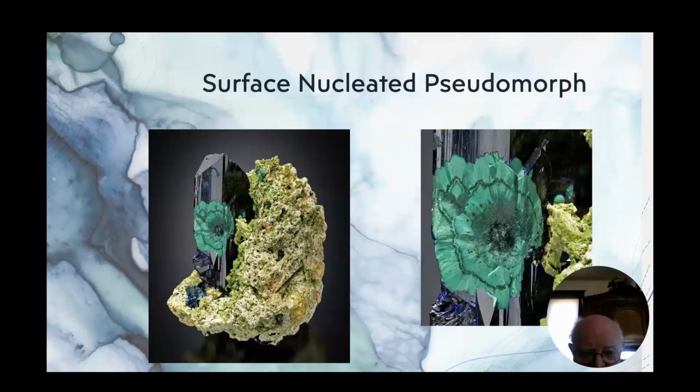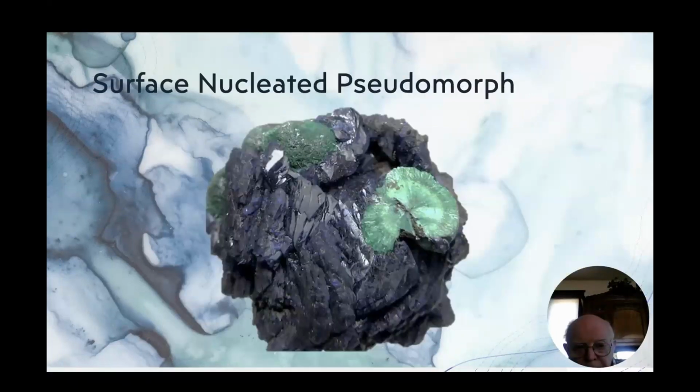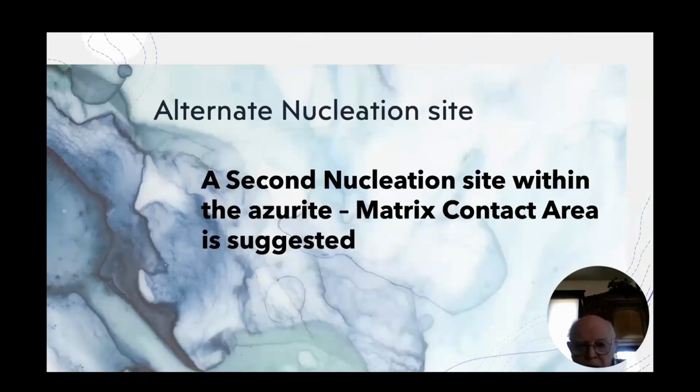This 7-centimeter azurite crystal shows surface nucleated botryoidal development. This specimen from Bisbee shows a surface nucleated malachite pseudomorph.